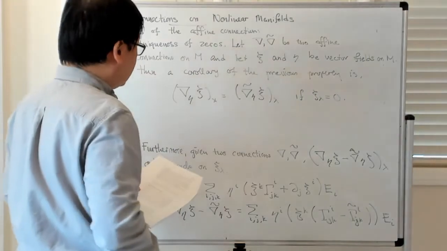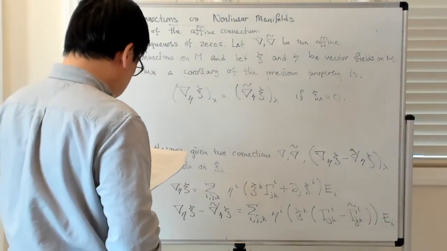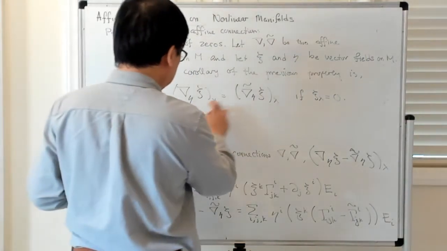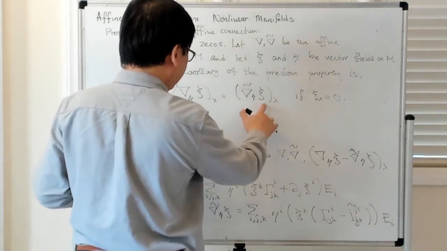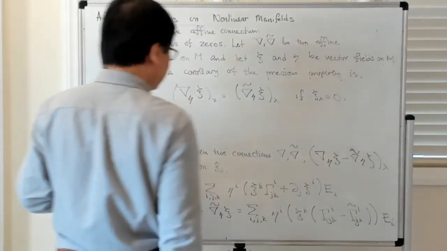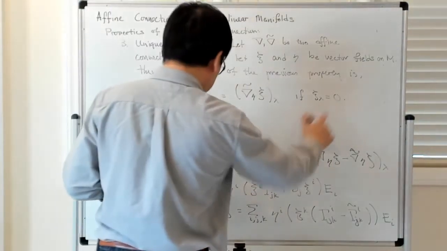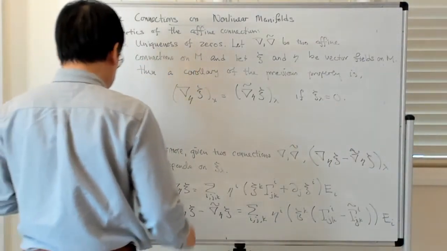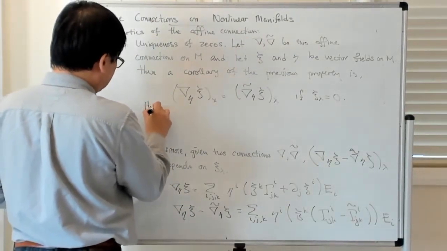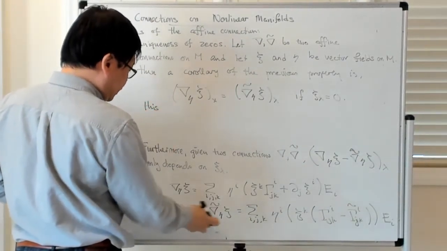So these two agree with each other if the pointwise value at x is 0. Okay, so this property is important. Of course, this is a consequence of this.